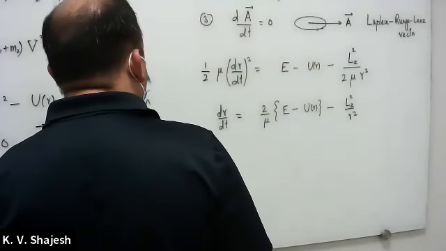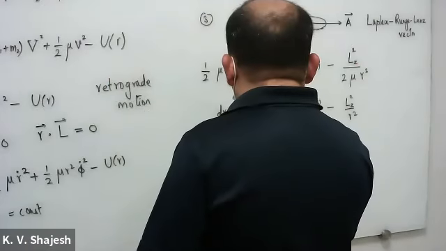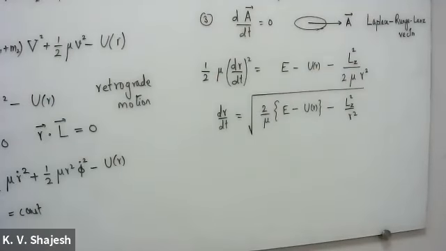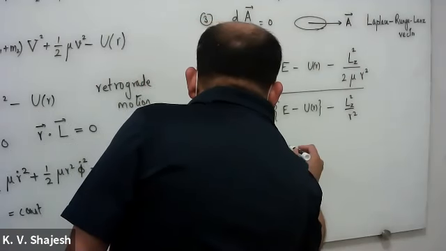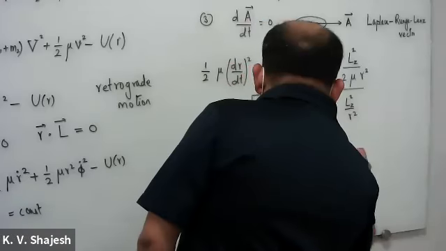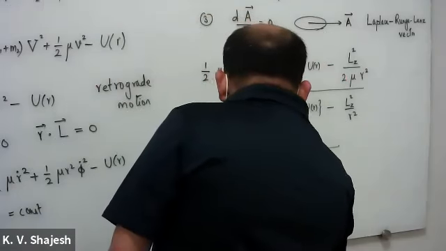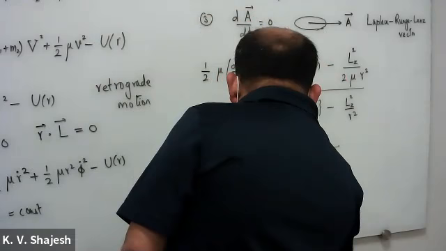Is that correct? Yes. I think this is where we left last time. And we also replaced dt. So dt would be equal to dr over, everything here is r dependent, so it's good to put this on one side. So it's 2 over mu, E minus U of r.